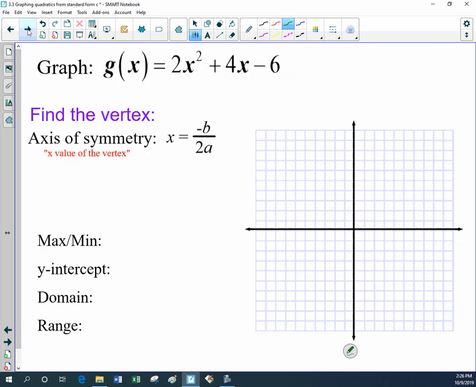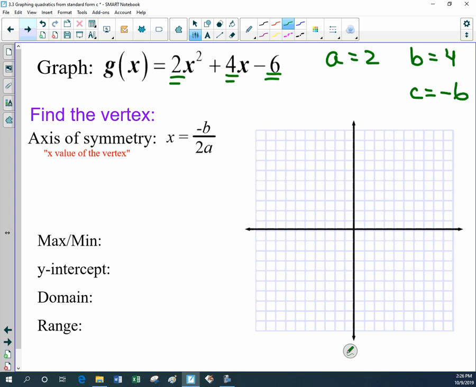All right, let's try the next one. So we have g of x equals 2x squared plus 4x minus 6. This time a is 2, b is 4, and c is -6.